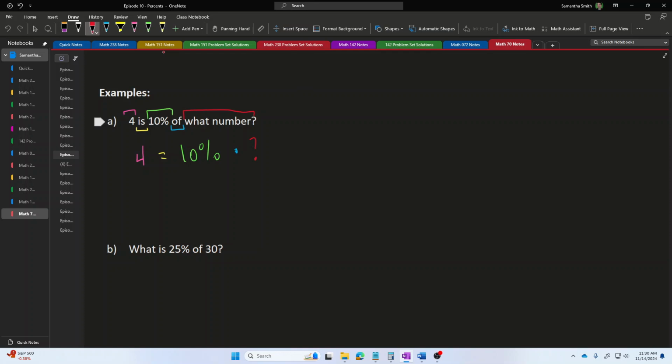Now, my goal is to figure out the value of the question mark. And right now, the question mark is being multiplied by 10%. I would like to get rid of this multiplied 10% so that I can have just the question mark by itself on one side of the equal sign. So to do that, I'm going to divide by 10%.